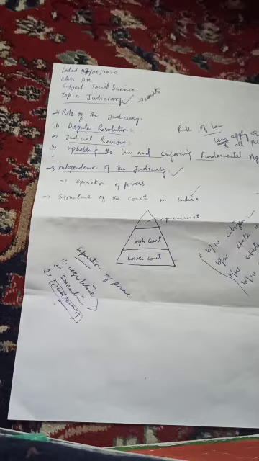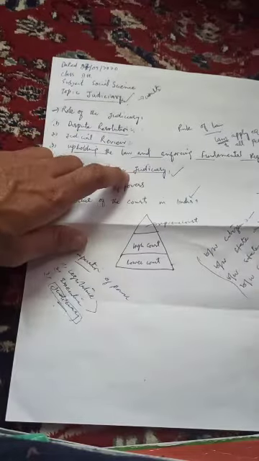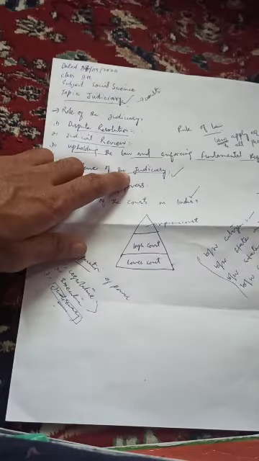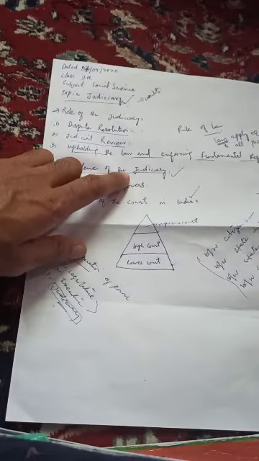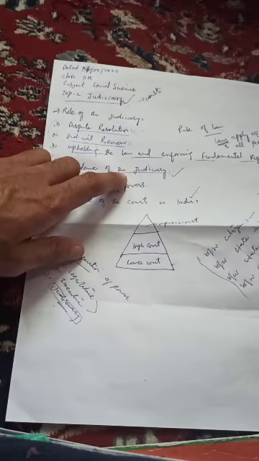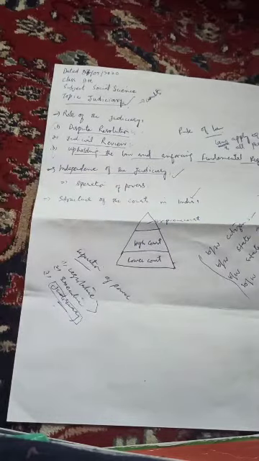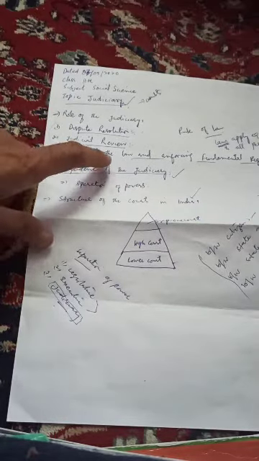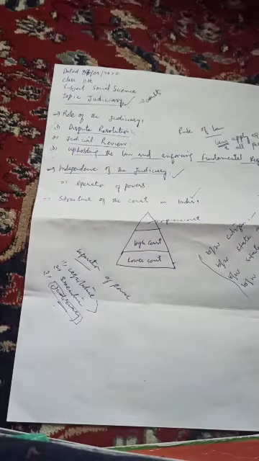Imagine the impact of this on the decision making of the judges. Can that judge give a decision against that politician? Probably he will decide matters in his favor, because no judge wants to be removed from his office or transferred to some other place.